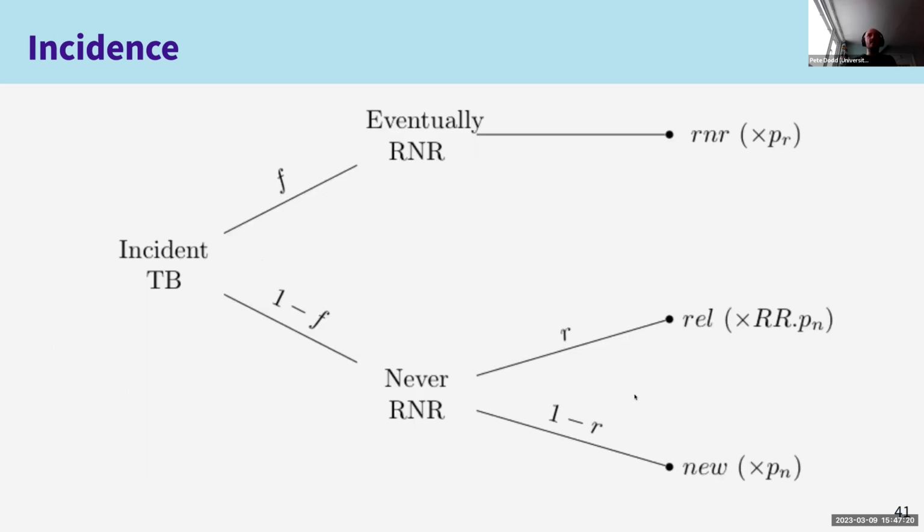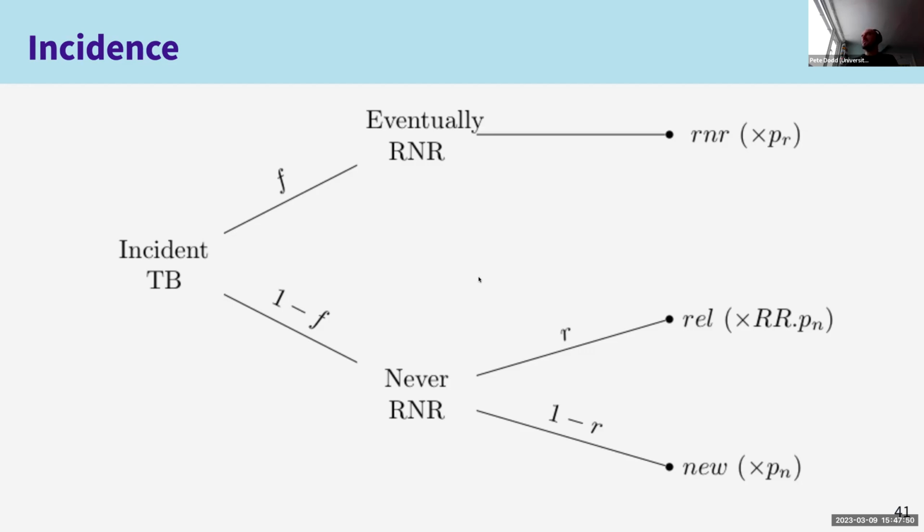But the idea is basically that you think about incident TB as partitioned between TB that ultimately will be retreatment but is not relapse. One of the complications is that previously treated patients further divide into those classified as relapse and those not classified as relapse, and they often have different levels of resistance.